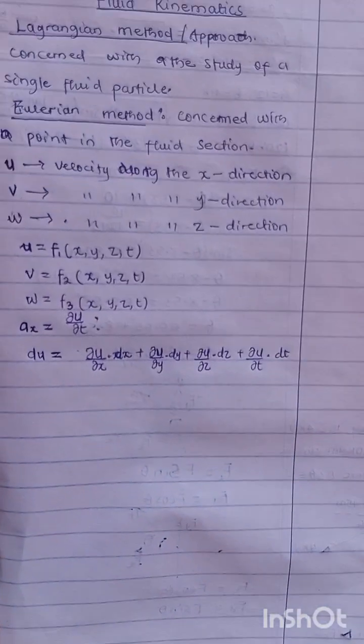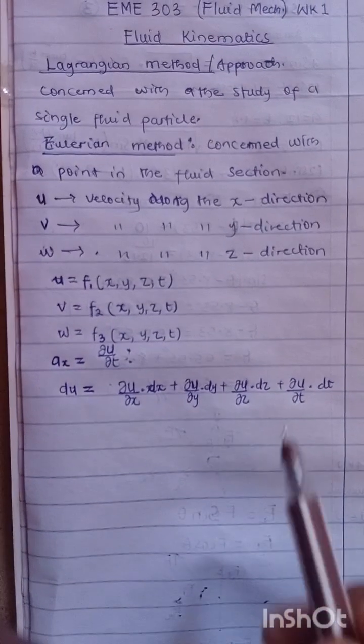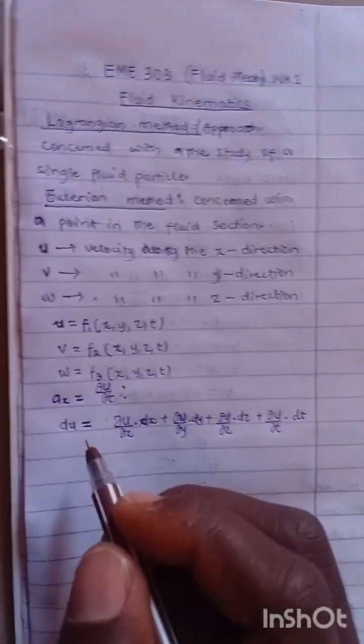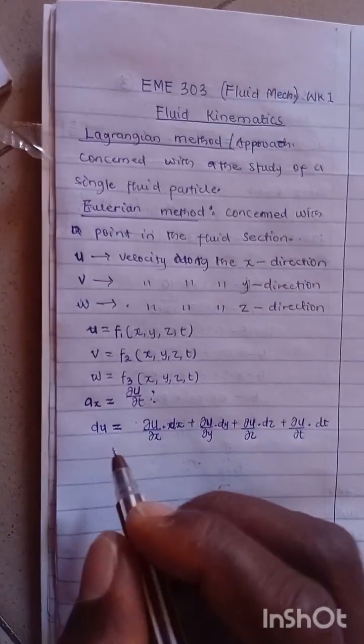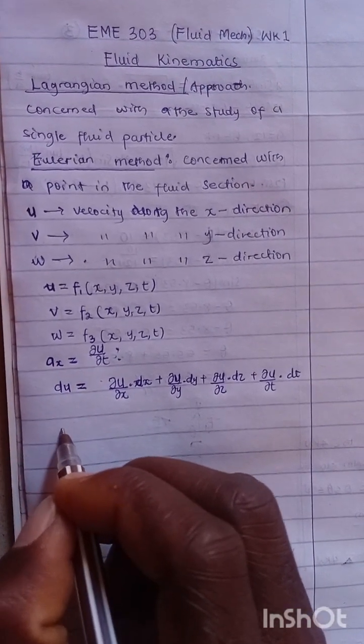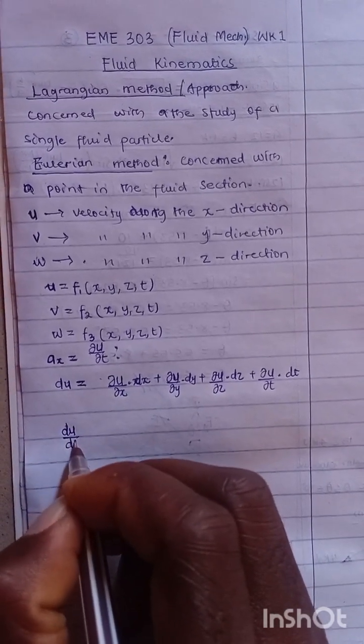So this is the formula for the change in the value of u. Remember, we are looking for the change in u divided by the change in time, or the acceleration in the x direction.